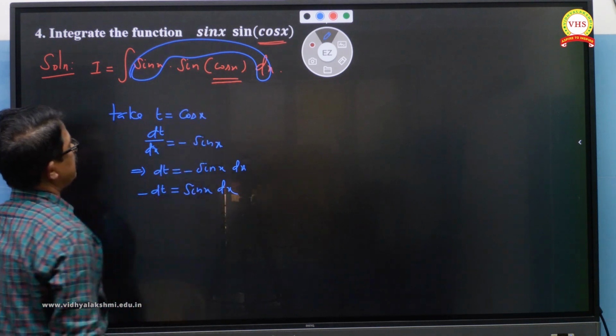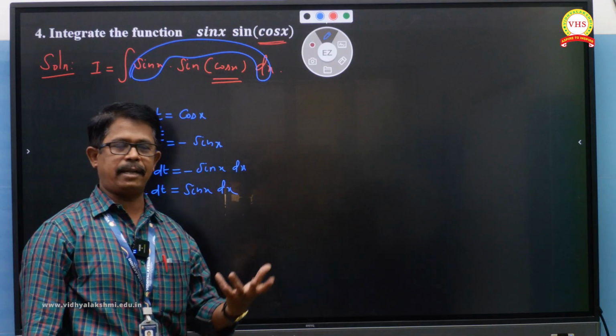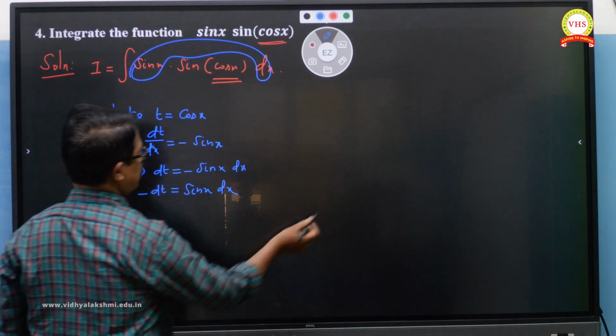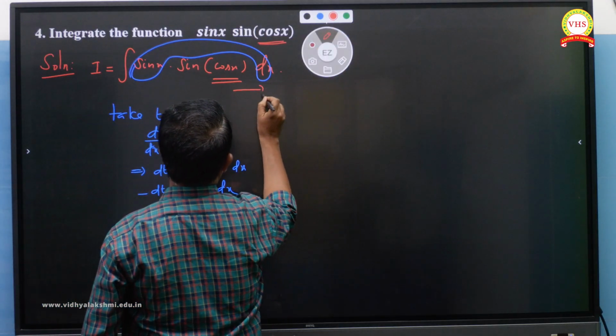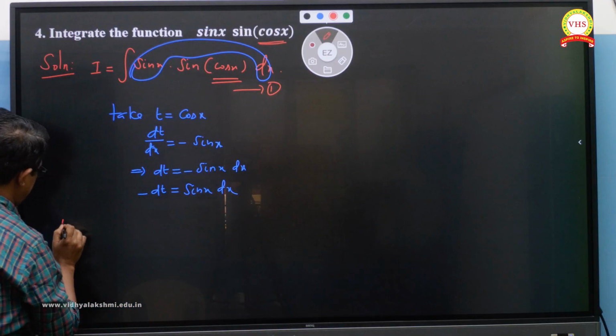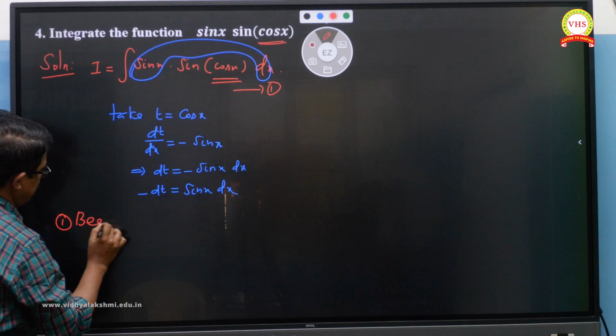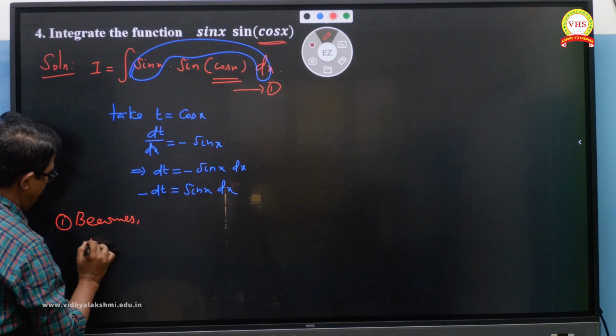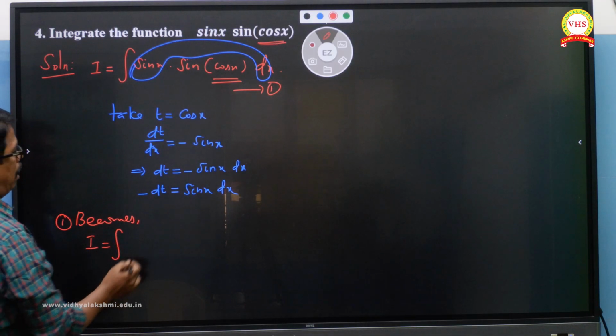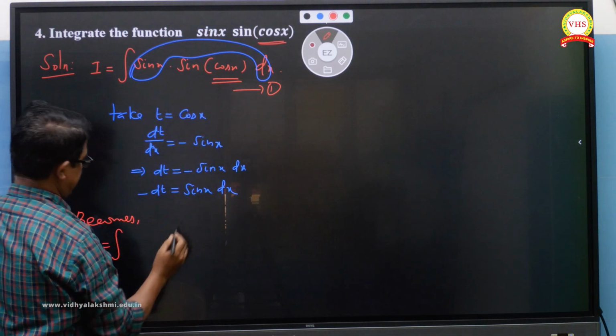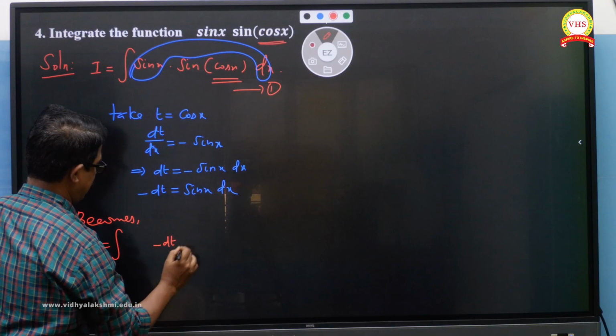This value exists in the given integral. We may call the given integral equation number 1. Now equation 1 becomes I equal to integral of, sin x dx becomes minus dt, isn't it?